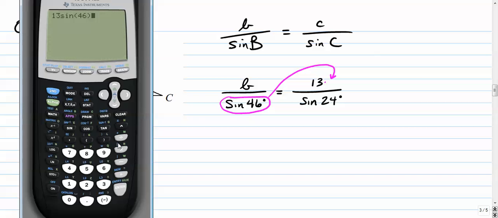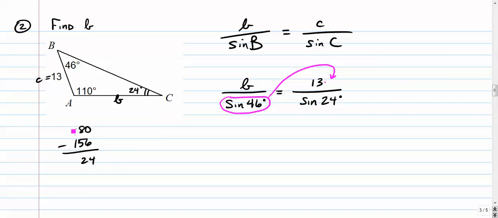Make sure you close that parenthesis, divided by the regular sine of 24. 22.991. Lowercase b is 22.991. And that's it. You're finished.